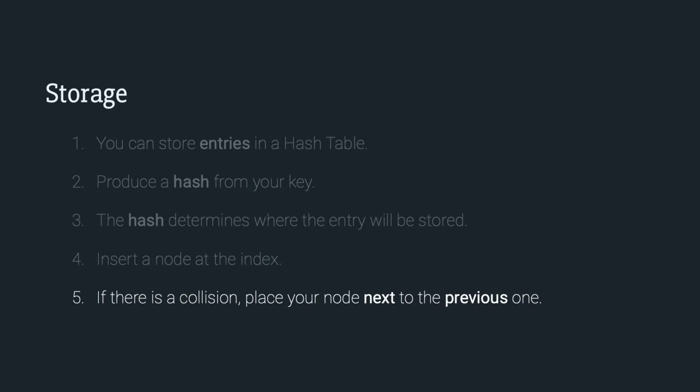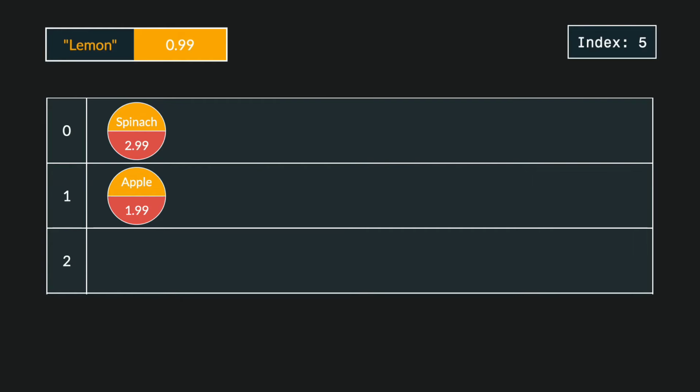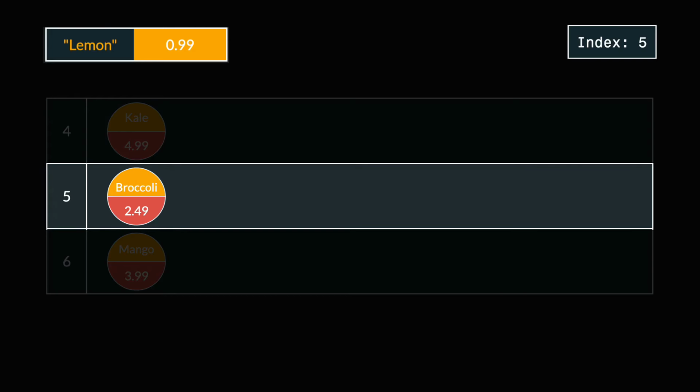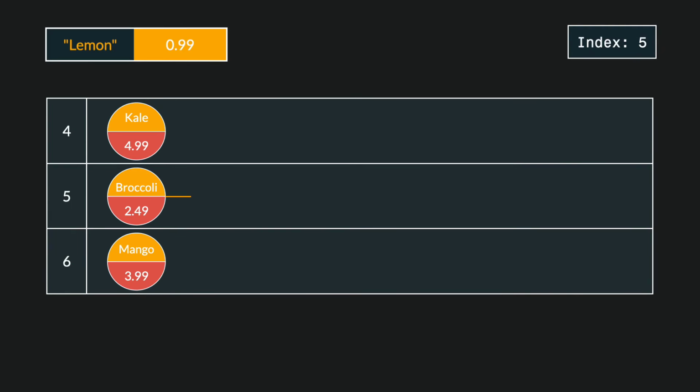Finally, in the event of a collision, place your node next to the previous one. A collision happens when the hash of a key produces an index that already contains a node. While collisions are infrequent, if one does occur, the solution is to place the new node next to the previous one.